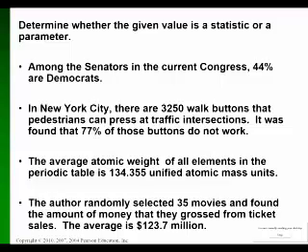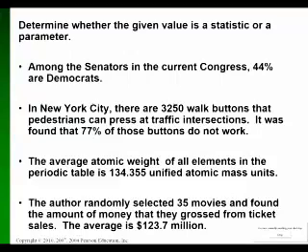The average atomic weight of all elements in the periodic table is 134.355 unified atomic mass units. Is that a population or a sample? It says all elements, so it's talking about all the elements on the periodic table, which makes the 134.355 a what? A parameter. All three of the first ones were parameters.